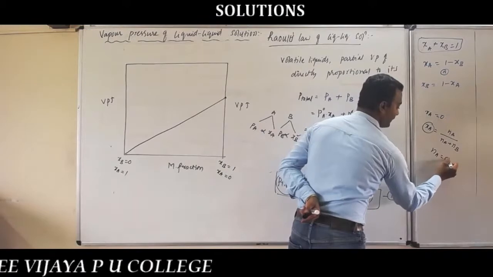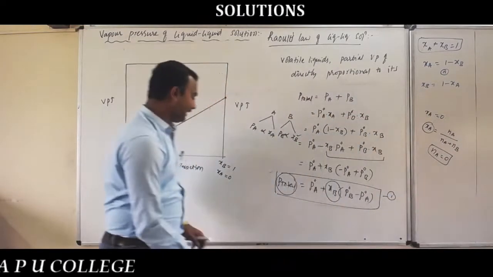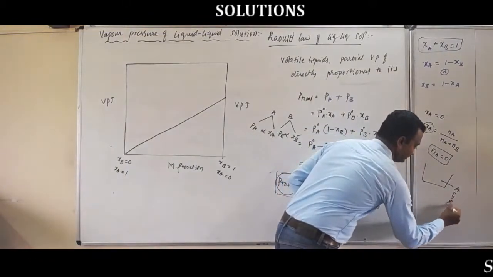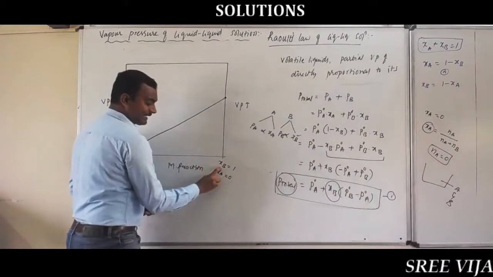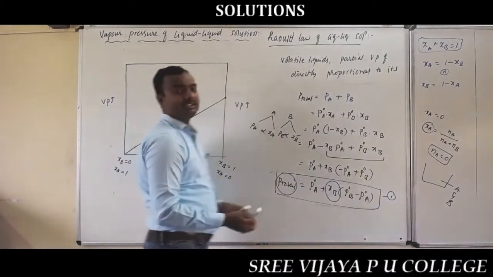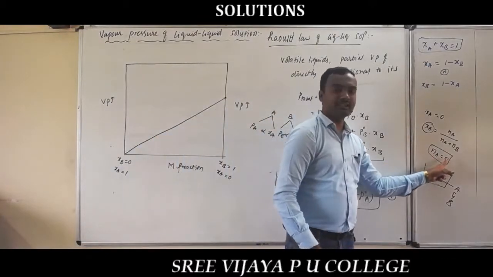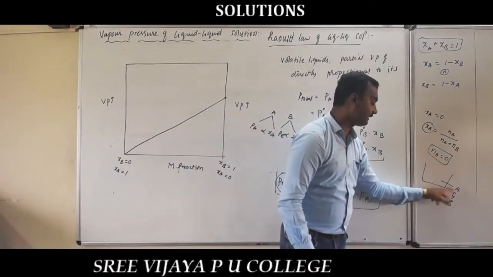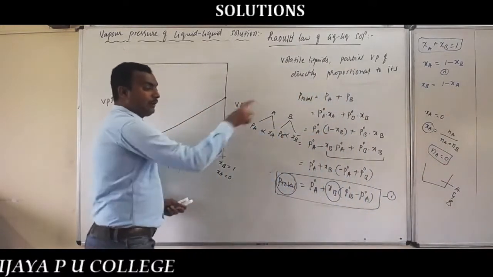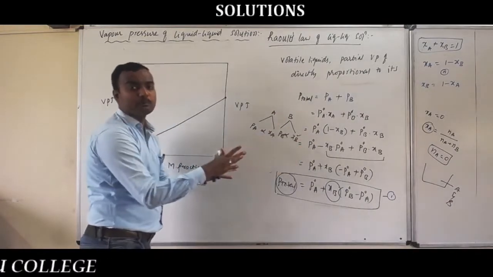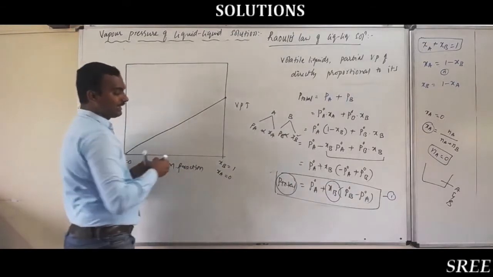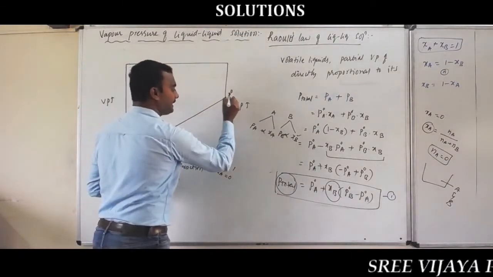Therefore, what does the number of moles of component A become? It becomes 0. In the solution we have taken component A and component B, and at this point xB is equal to 1, so what is xA? It is 0. If xA is 0, what does it mean for the number of moles of A? It is 0. If the number of moles of A is 0, it means only component B is present in this solution. So therefore, what happens then? B is taken as a pure component because there is absence of A. What do we call the vapor pressure of a pure component? That is taken as P naught B.